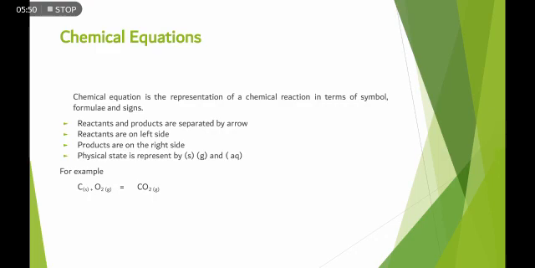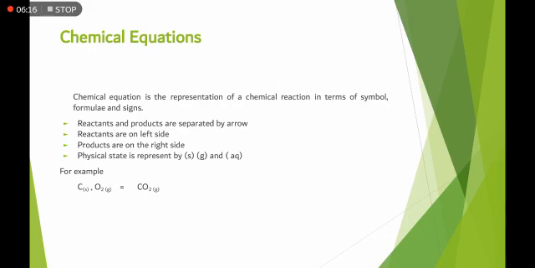And as I told you, matter is in three states: solid, liquid and gas. So for each substance it is also written in which state it is present. For example, in the burning of coal, coal is present in solid state, oxygen is in gaseous state, and carbon dioxide is also in a gaseous state.